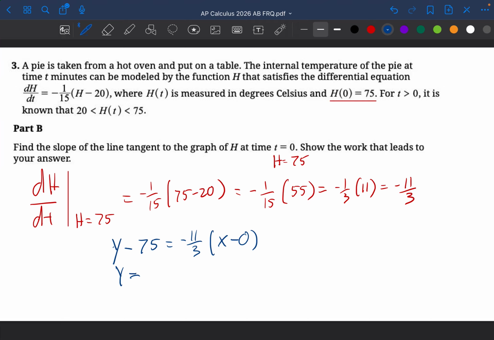And usually they like to have y by itself, so that's -11/3 x plus 75. Now it's quite possible that they may want you to define this in terms of t and y. That is quite possible, but I don't think they're going to make that big of a deal about having x instead of t.